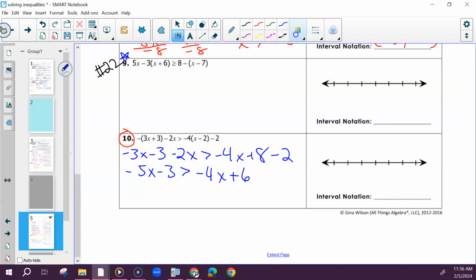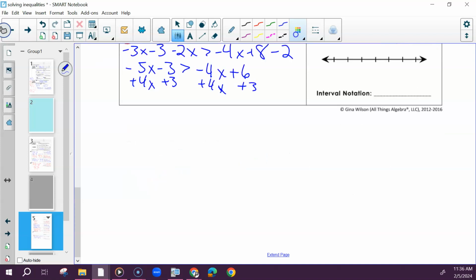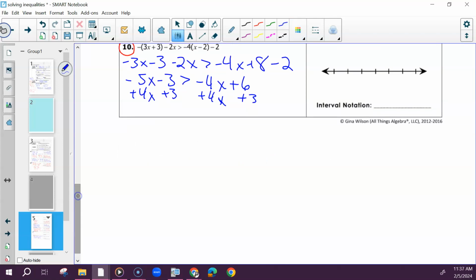And what do we want to move first? Okay. So we can add 4x and add 3. So we get negative x is greater than 9.